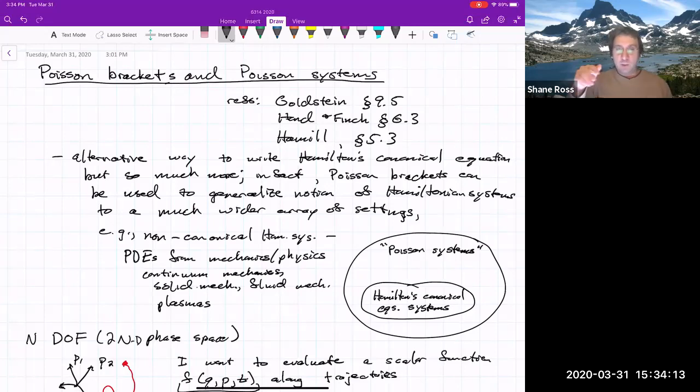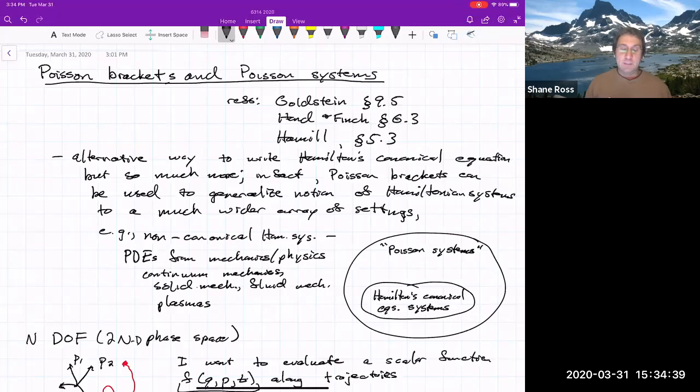Those are the q dot equals partial H, p dot equals negative partial H equations that we've done, but that's just one kind of Hamiltonian system. So Poisson brackets can be used for those systems, but they also generalize the idea of Hamiltonian systems, preserving some of the very nice properties we've talked about, to a much wider array of settings, which includes infinite dimensional systems.